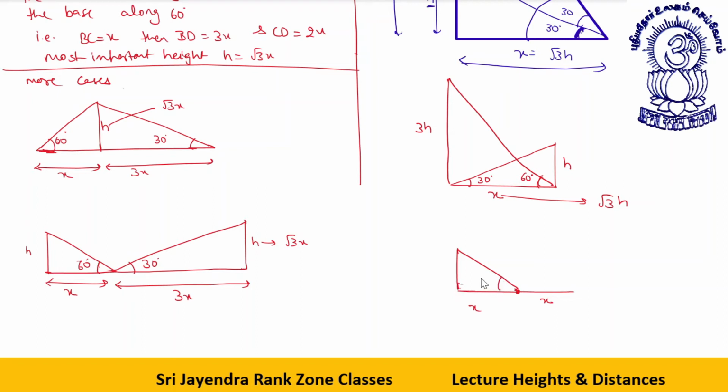Here you have this 30-degree angle and here you have this 60-degree angle. If the height opposite to 30 degree is H, then the height opposite to 60 degree will be √3H. This X will be √3H. This X will be √3H. Getting this part, everyone? Okay.